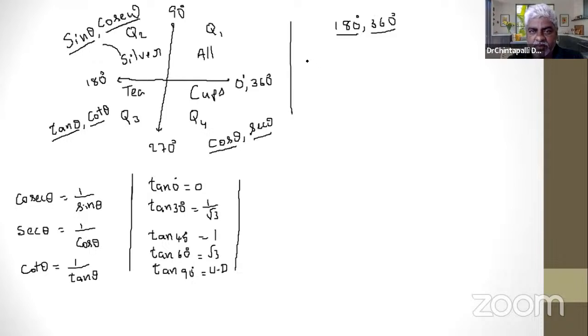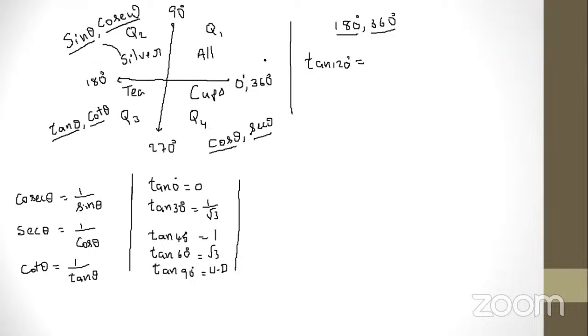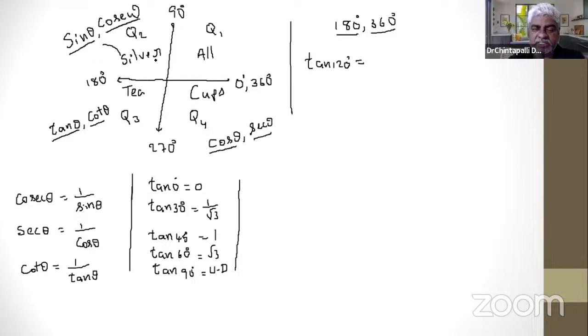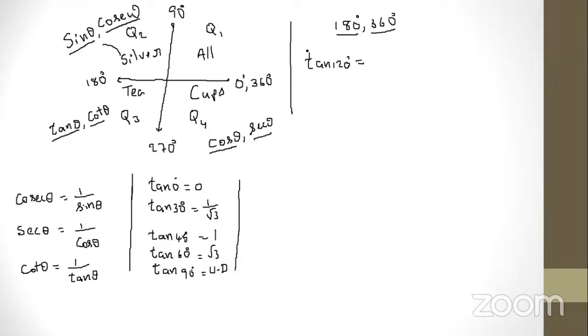For example, we want to find the value of tan 120 degrees. Please tell in which quadrant the angle 120 degrees falls. 0 to 90 degrees is the first quadrant, 90 to 180 degrees is the second quadrant. Clearly, 120 degrees belongs to the second quadrant.